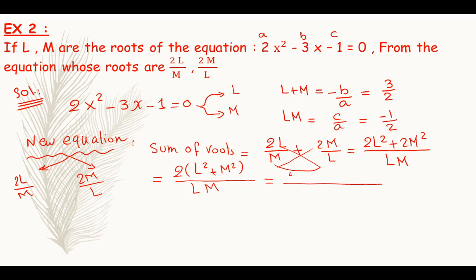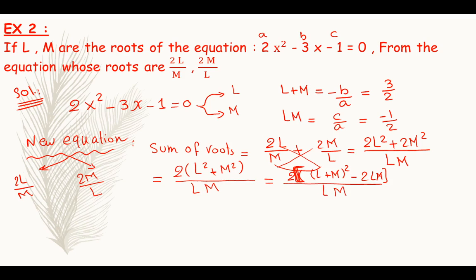So we are going to write 2, and we will replace L power 2 plus M power 2 by the rule (L plus M) all power of 2 minus 2LM, over LM.